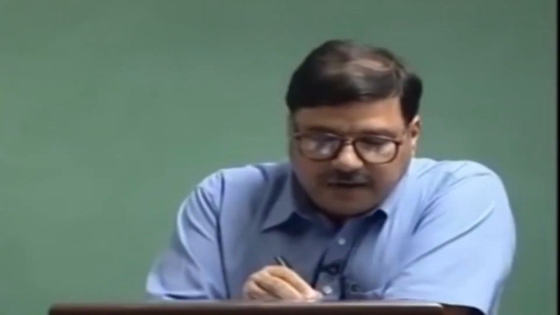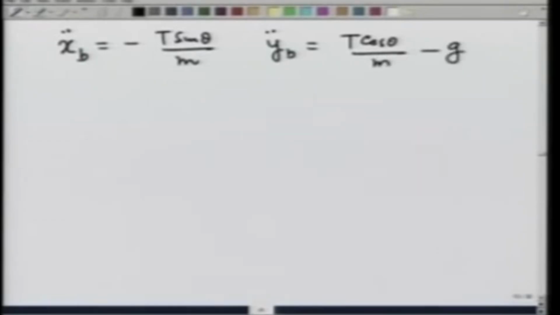So I have x b double dot equals minus T sine theta divided by m. I have y b double dot equals T cosine theta divided by m minus g. I have 1/2 a t square equals x b minus L sine of theta.